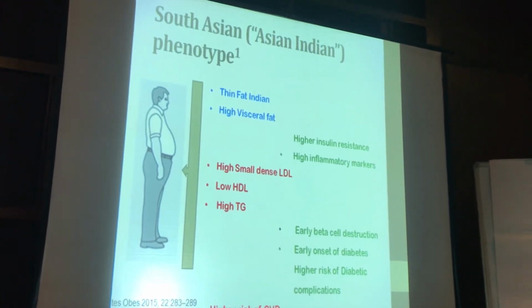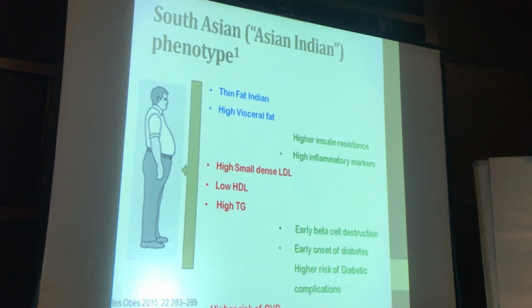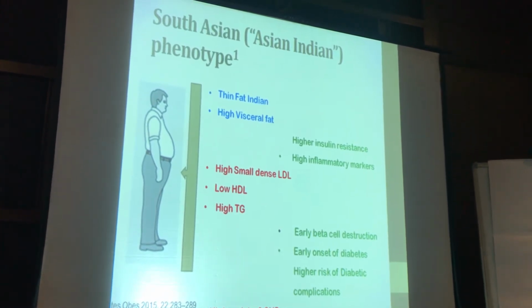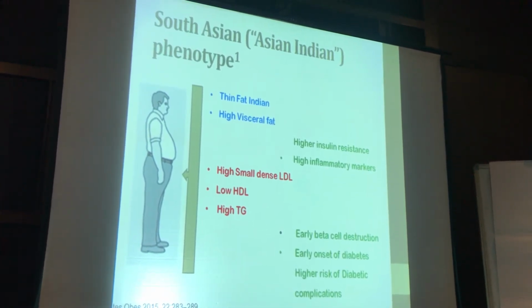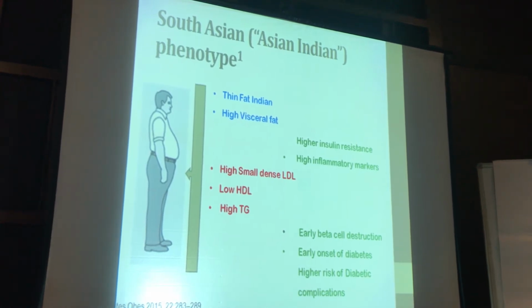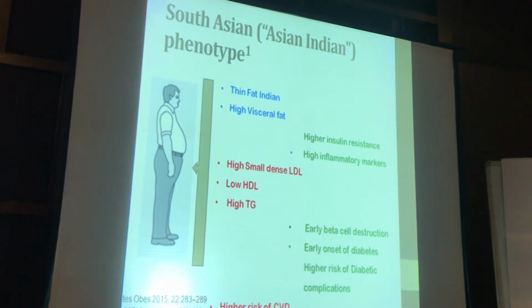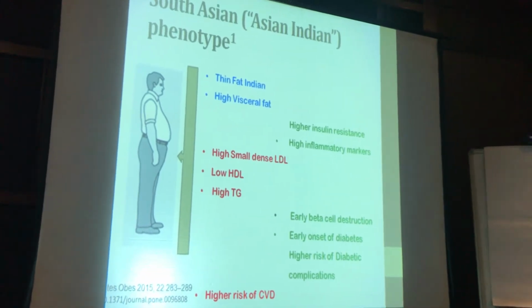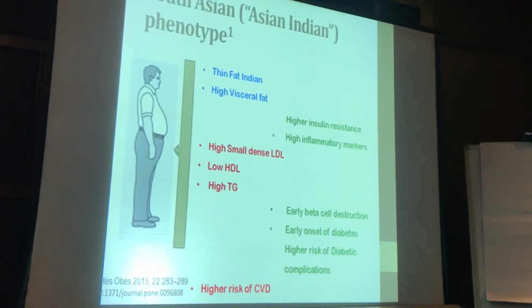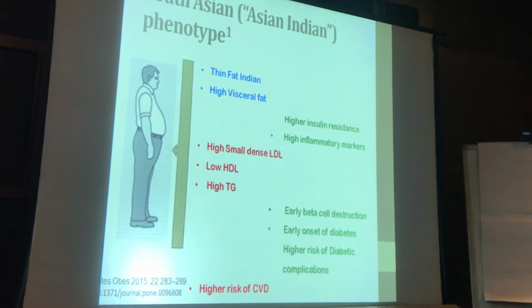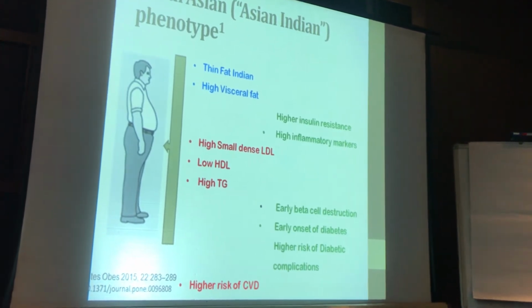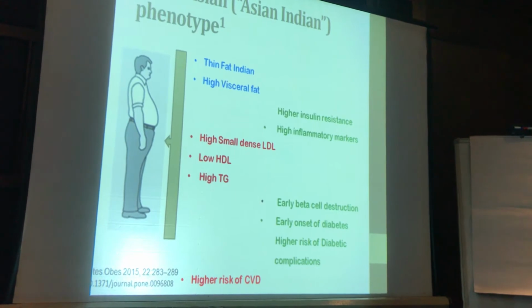This constitutes diabetic dyslipidemia. This makes us prone to insulin resistance, and the inflammatory markers are on the higher side. There is early beta cell destruction and early onset of diabetes, and high risk of diabetic complications. So a higher risk of cardiovascular events in the diabetic population is the end result of this kind of phenotype.